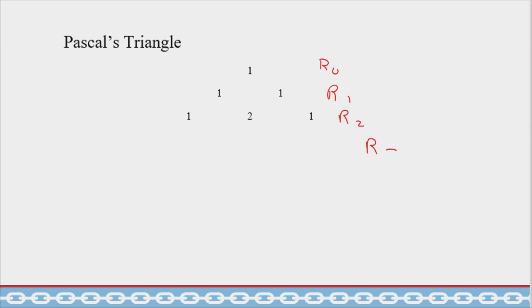And I'm going to give you row 3. See if you can figure out the relationship in this Pascal's triangle. It's just a number pattern studied by various mathematicians.